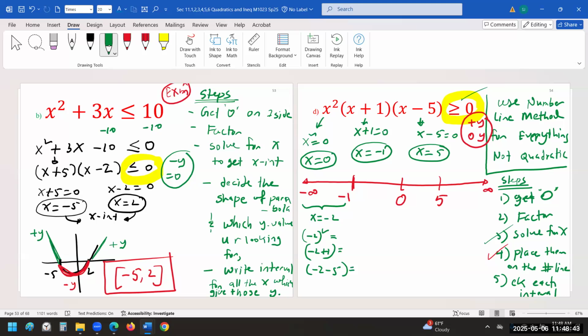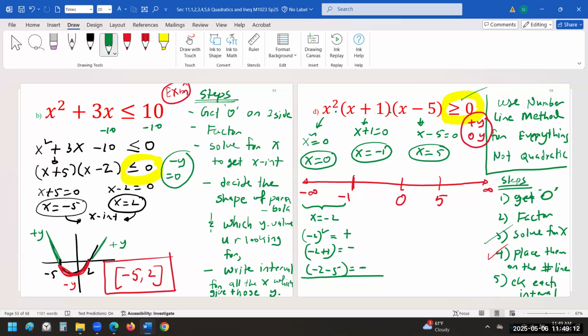-2 squared. Do you get a positive or a negative number back? Positive. -2 plus 1. Do you get a negative or a positive number? Negative, because -2 is bigger. And then you have -2 minus 5. What do you get? Negative. And you're multiplying all of this.